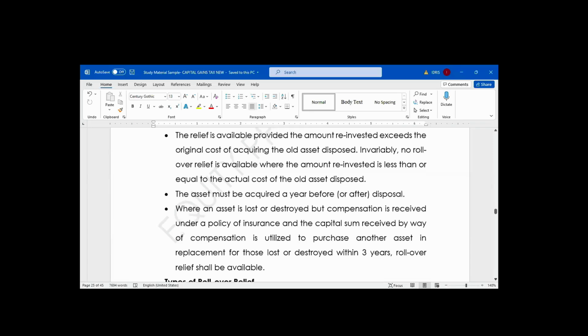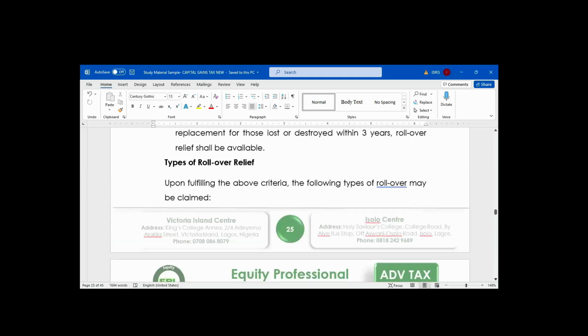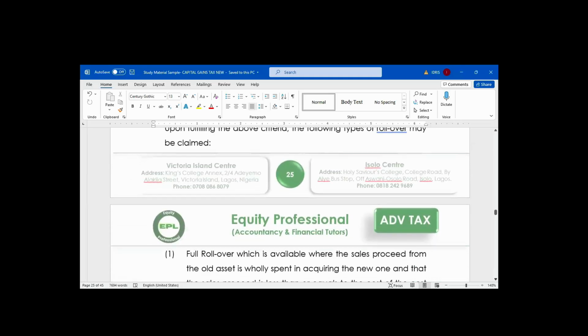Now, types of rollover relief. We have 3 types of rollover relief. We have full rollover relief, partial rollover relief, and nil rollover relief.